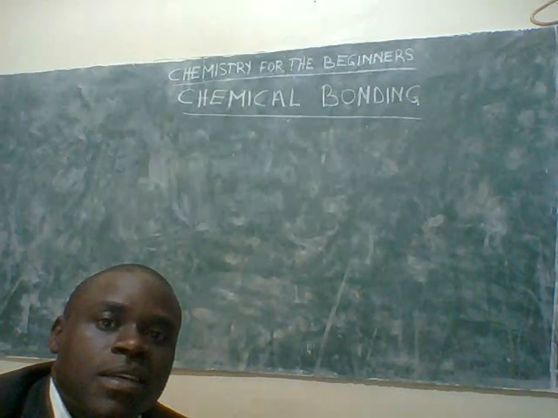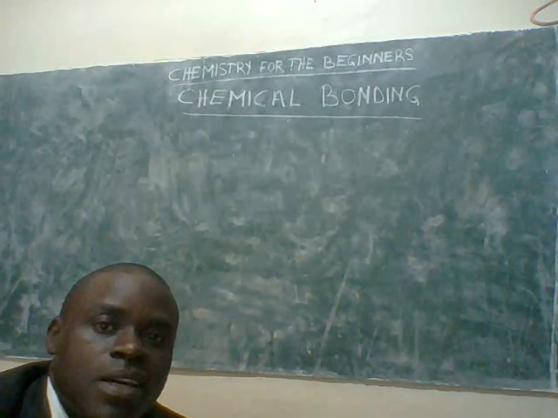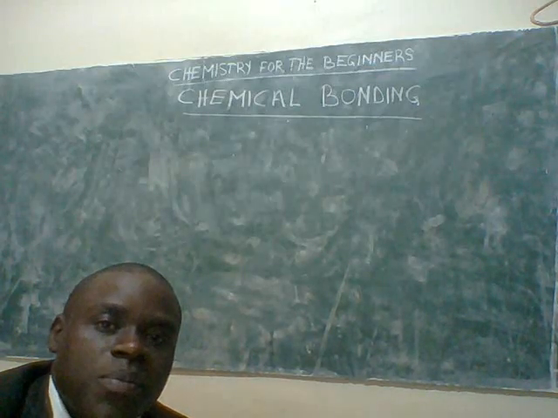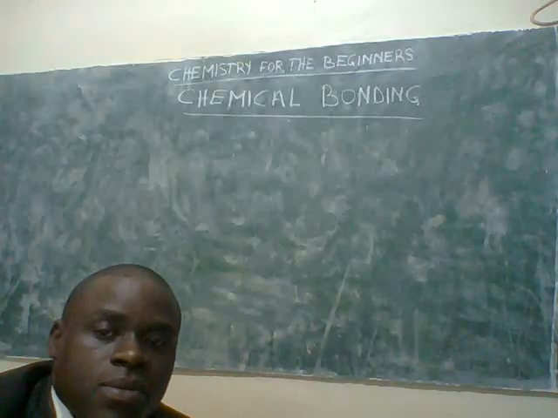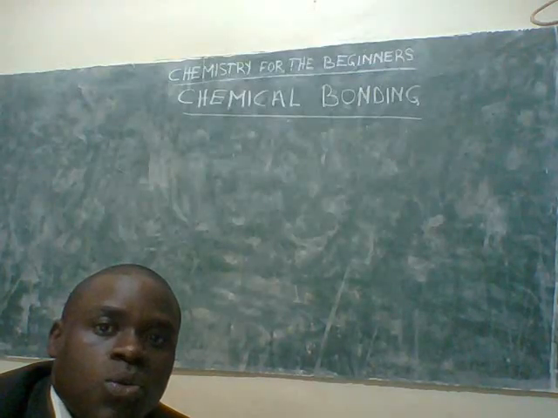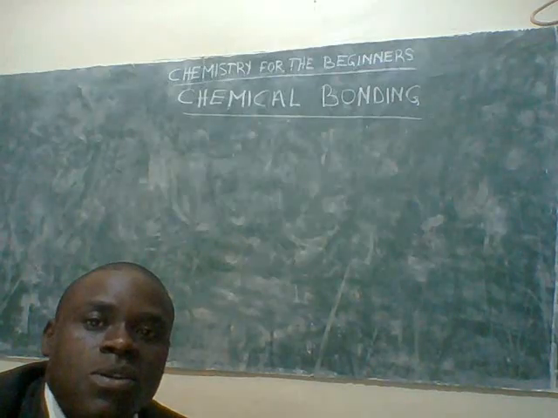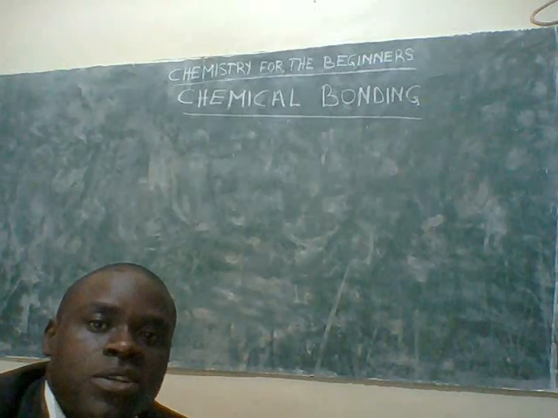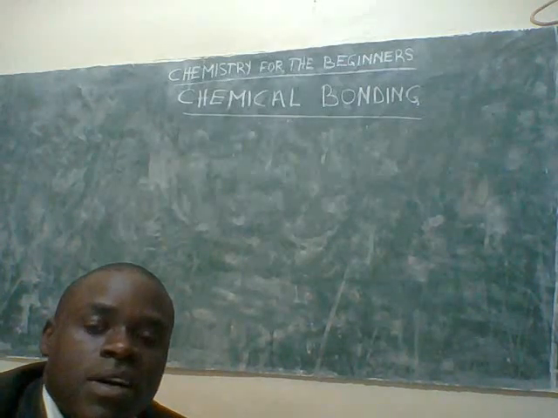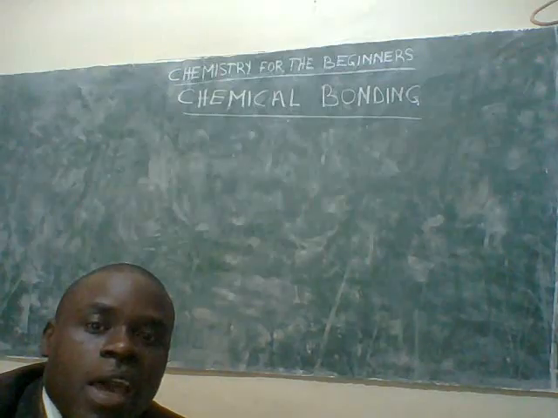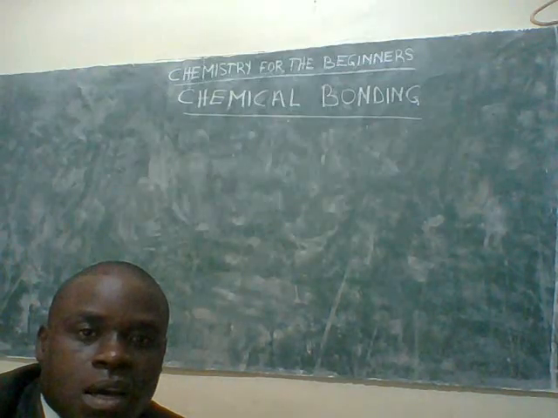Formula is written using symbols generally, but it's all about the combination between two or more atoms, or of a group of atoms, for the purpose of forming a chemical compound.